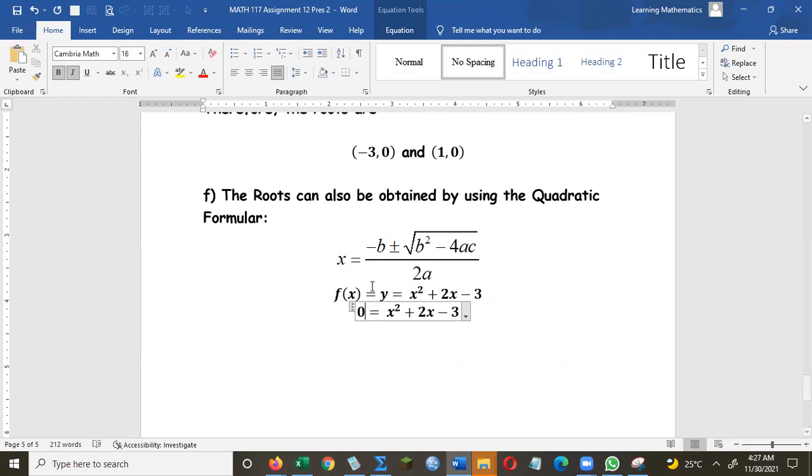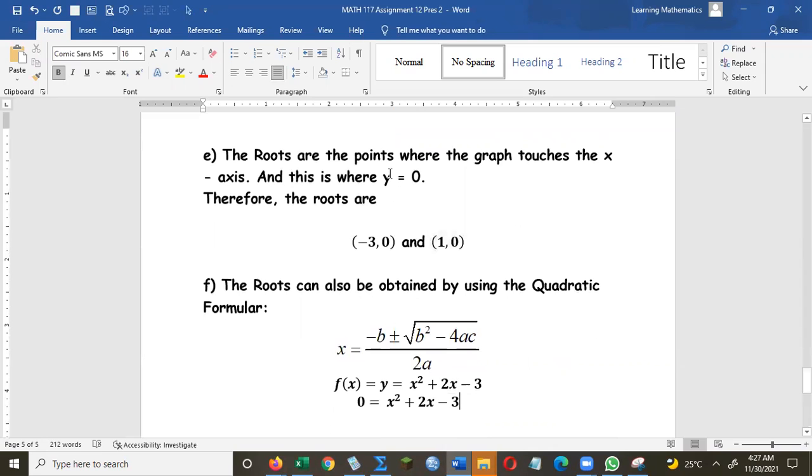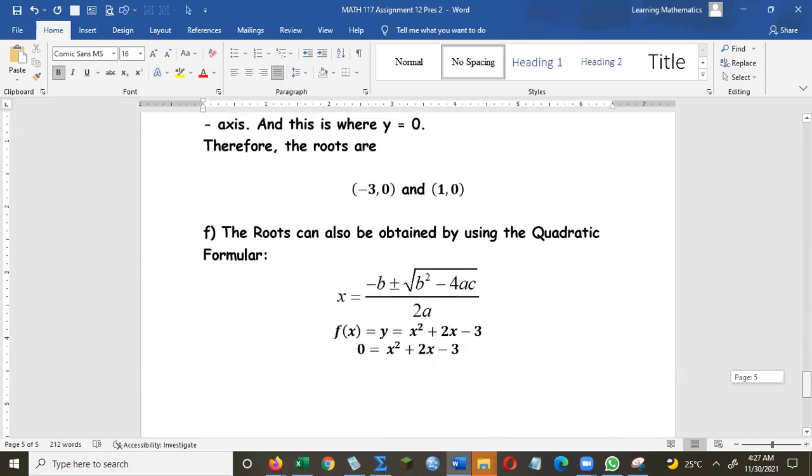Bear in mind, at the roots, y is equal to 0. We mentioned that already. So we make y 0, and we're going to solve for x now. We're going to prove -3 and 1.